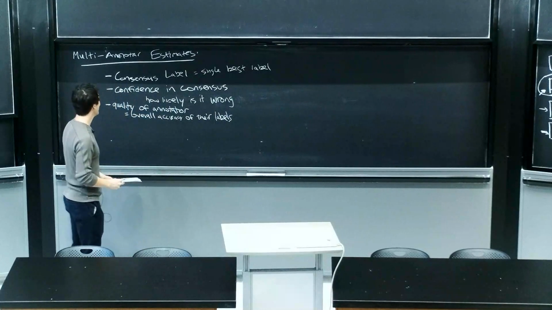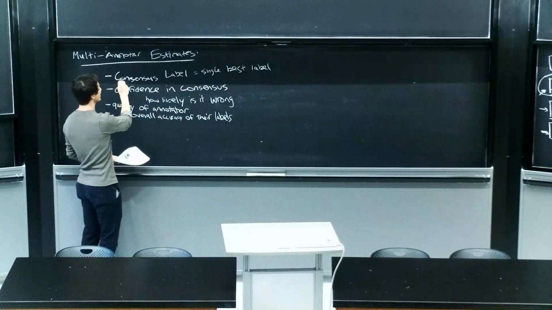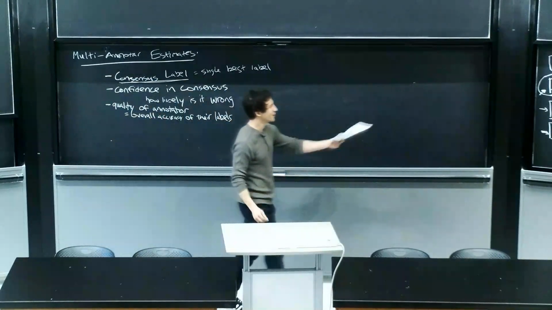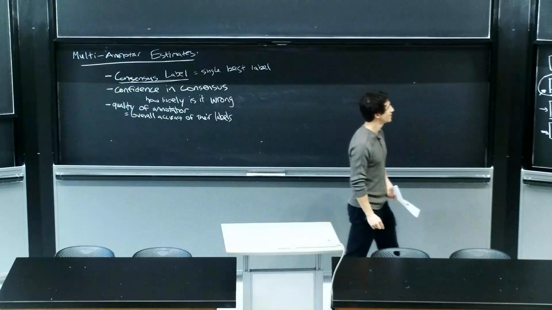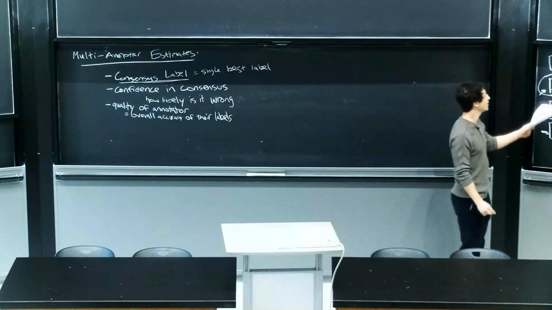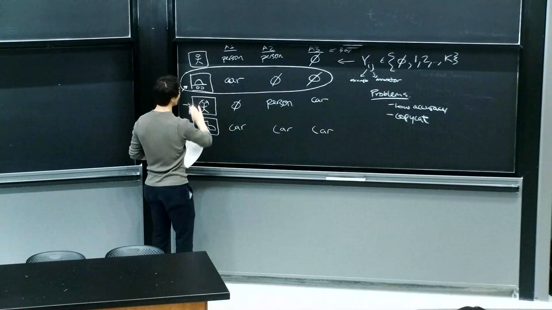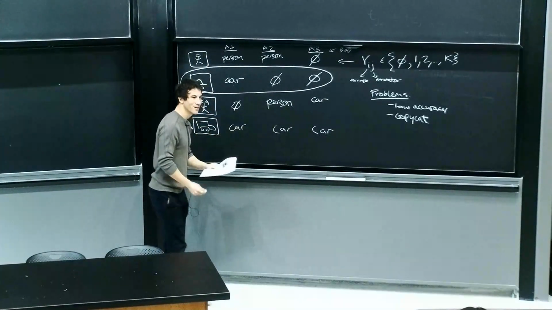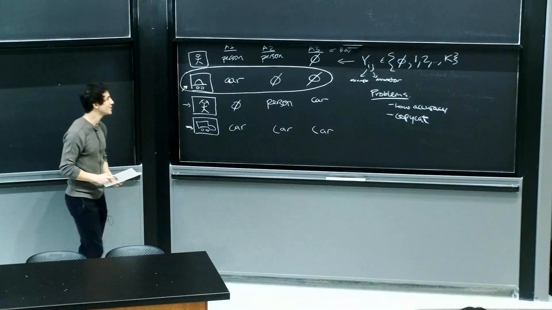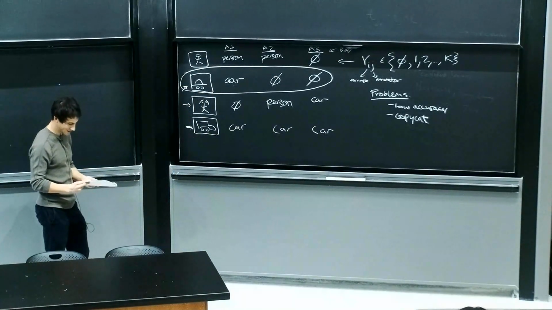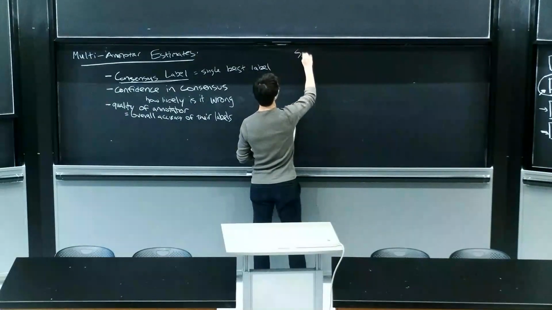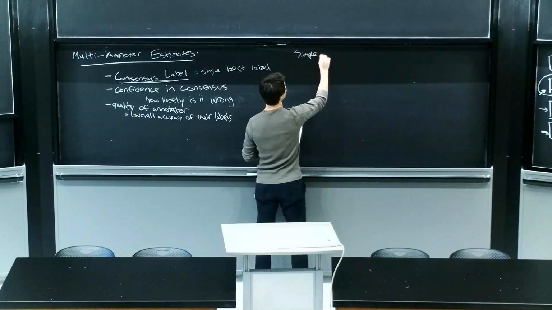Okay, so can anyone tell me the most obvious strategy for estimating a single consensus label for each example over here? Like, what would be your algorithm given just this data and let's imagine you don't even see the images, you're just given the annotations for each example. What kind of algorithm might you use to determine what's the best label? Yeah, so the simple approach is to do majority vote.